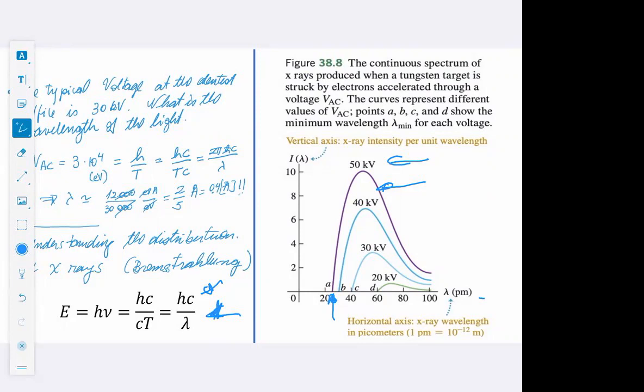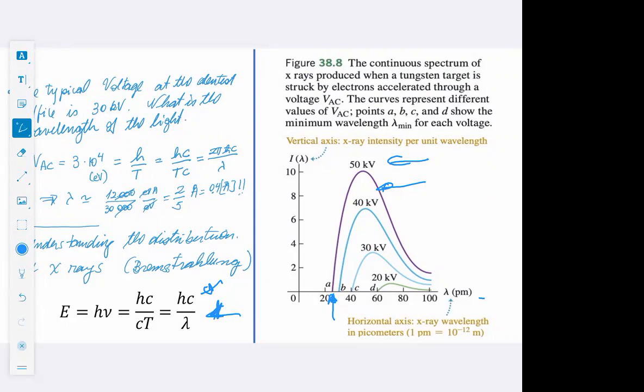There's a different explanation for that, because if I put a higher current on the filament, I will have a higher intensity.